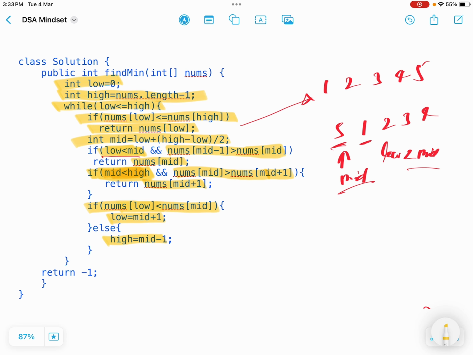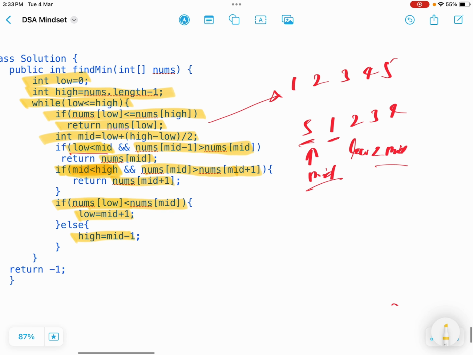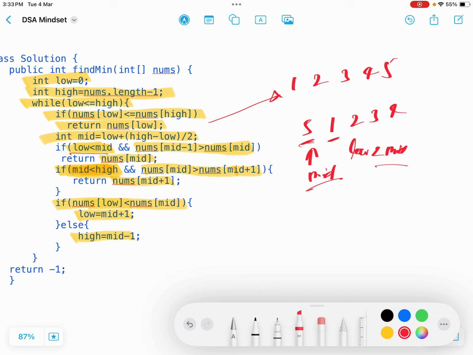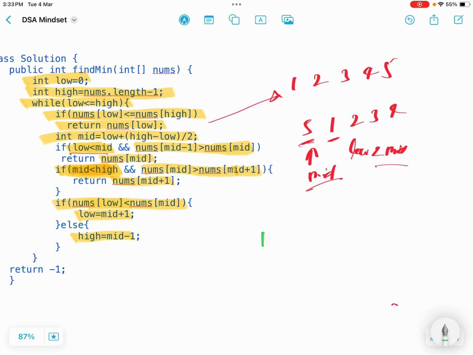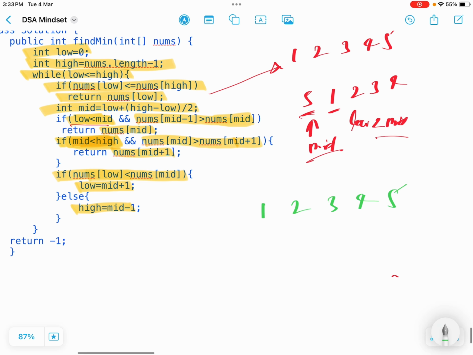Just to cover a test case, let's suppose we have 1 2 3 4 5, right? Maybe let's try to rotate one time, 5 4 3 2 1. Let's suppose low is here, right?